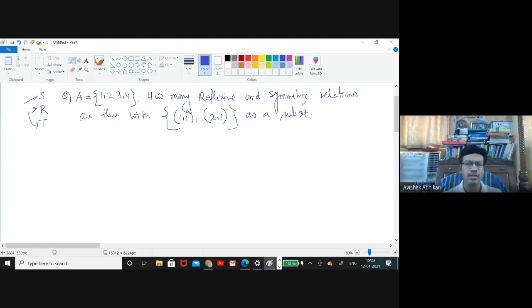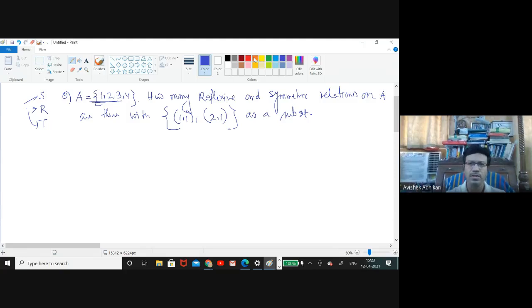Okay, so the question is clear. Here my base set is these four elements. The question is how many reflexive and symmetric relations on A are there with this as a subset.